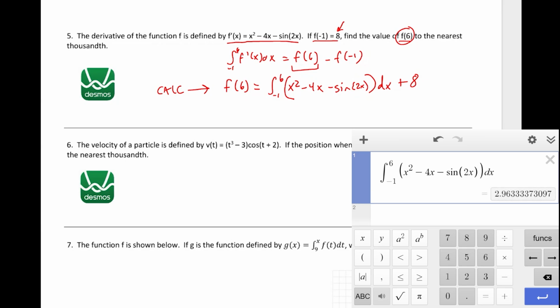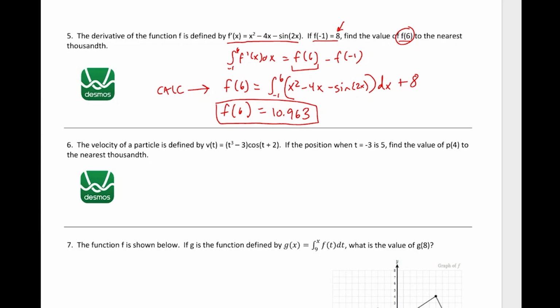And so that evaluates the area under the curve from -1 to 6, and we want to add 8. So f of 6 is going to be approximately equal to 10.963. And there's no units here or anything, so we're just going to leave it just like that.